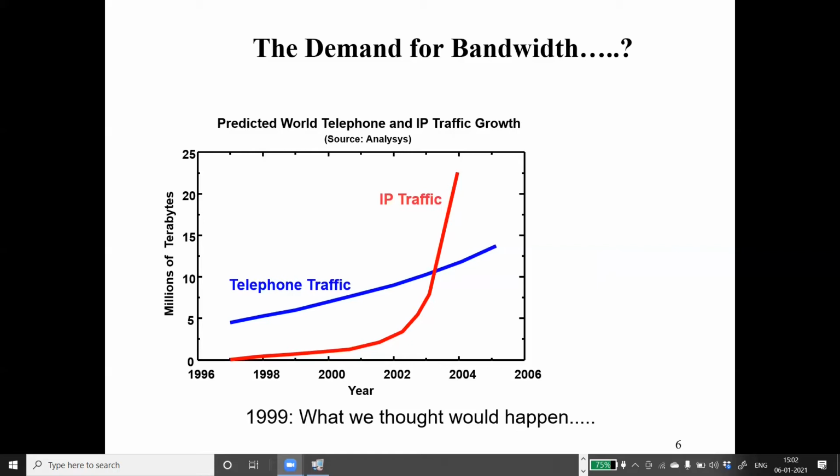But this demand is not going to become stagnant; it is going to increase every day.